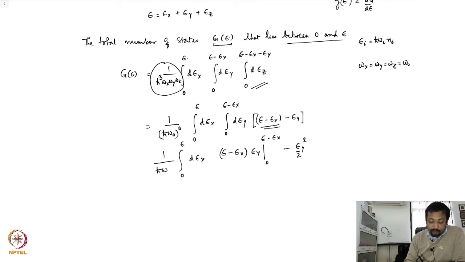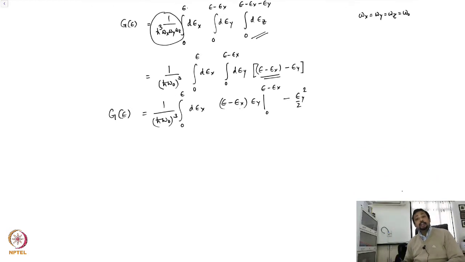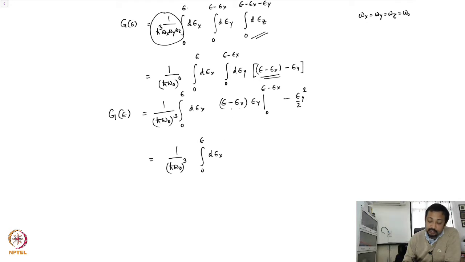Outside I have a factor h bar omega naught whole cube, and this is your total number of energy states that is available between the energies 0 and epsilon. So 1 over h bar omega naught whole cube, 0 to epsilon d epsilon x.